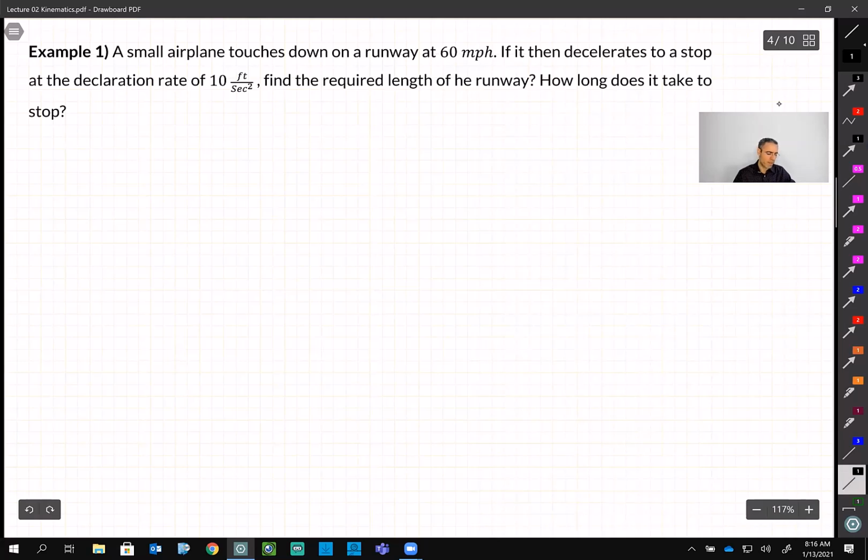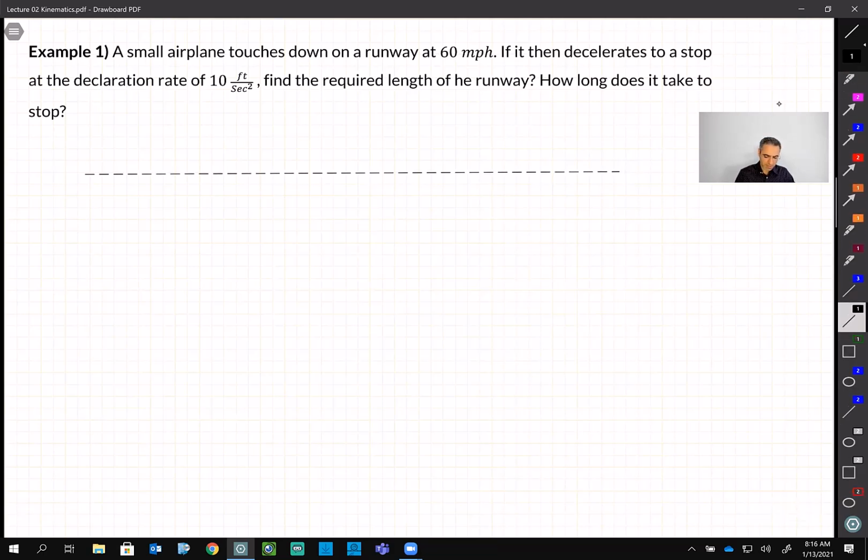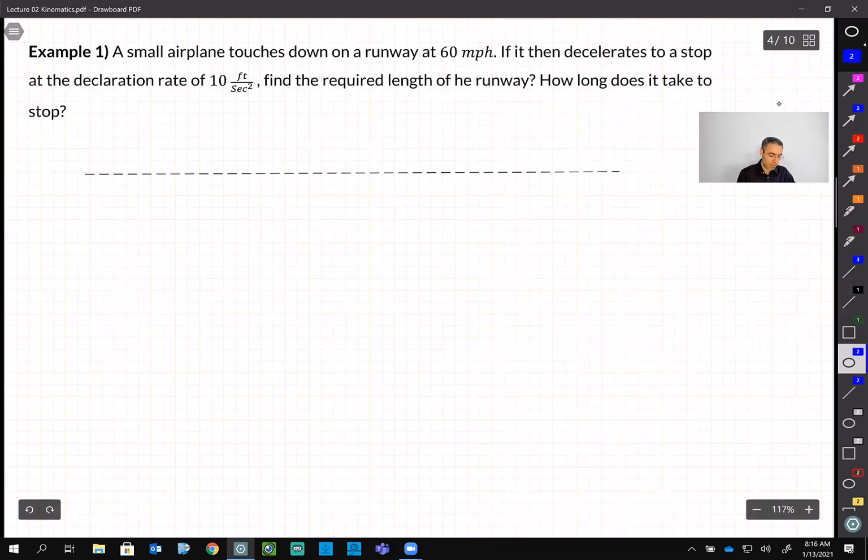I have a habit when I read a problem that doesn't have any figure, I try to draw a figure for myself to simplify things. So apparently we have an airplane which is landing. So this is then the runway for the airplane. And based on this question, because it doesn't talk about the size of the airplane, then we can assume it is a particle.